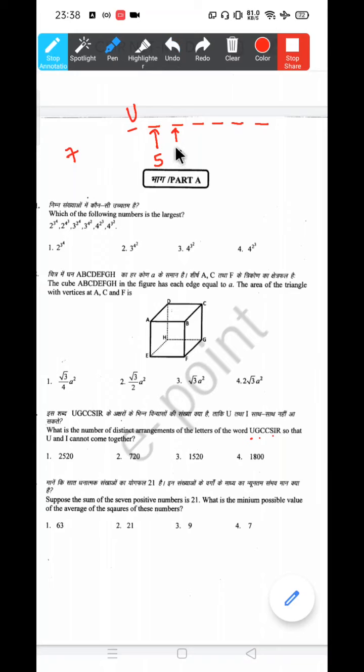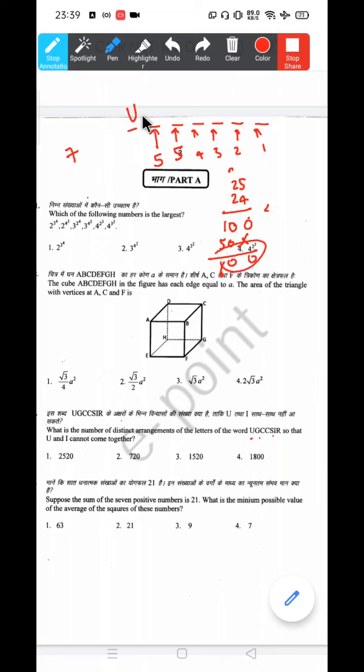Since repetition is allowed or not, maybe we will consider repetition allowed only for C. Okay, then this is 5, this is again 5, this will be 4, 3, 2, 1. 24 into 25, that is 600.